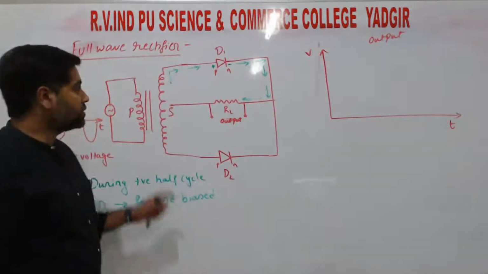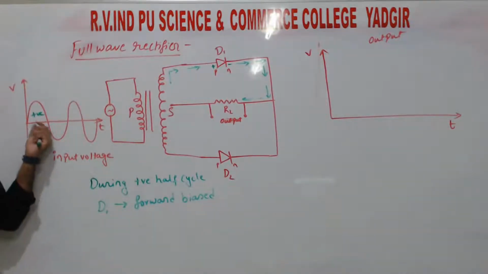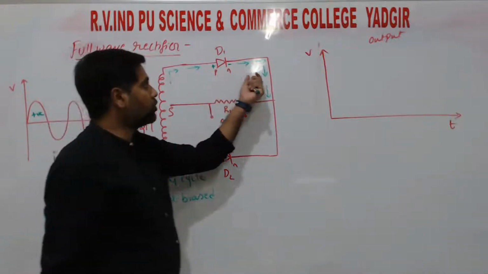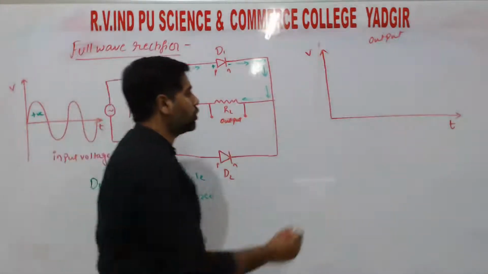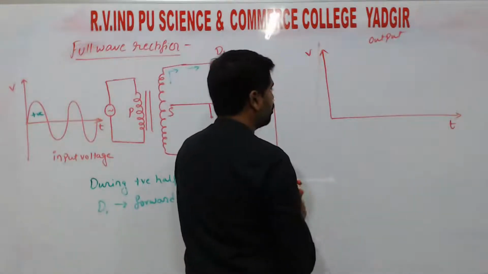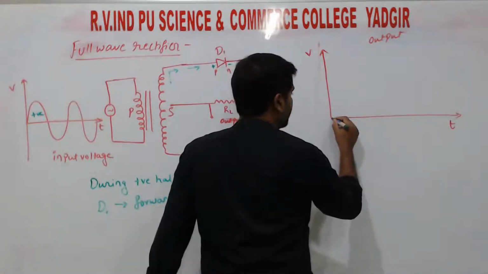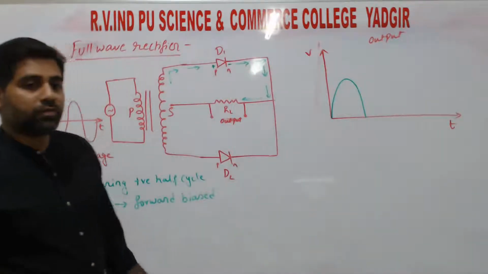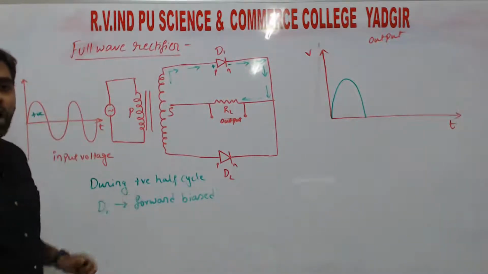As the positive half cycle passes through the diode D1, which is forward biased, it allows the current, and then we get the output voltage. If we plot the output voltage, we get a pulsating voltage like this, during the positive half cycle.